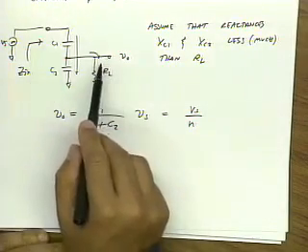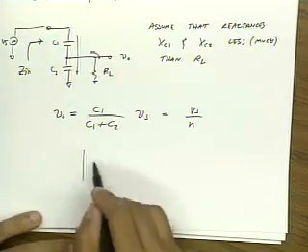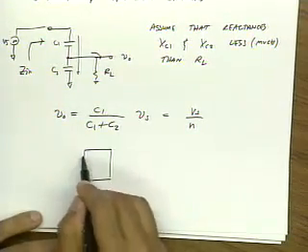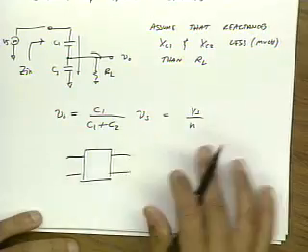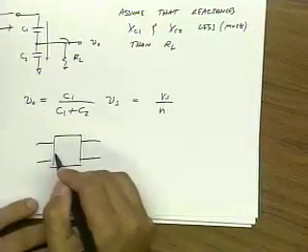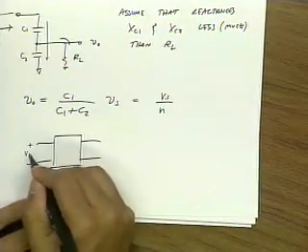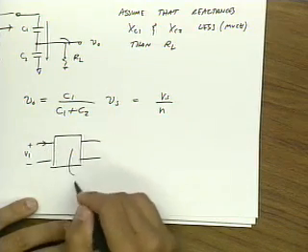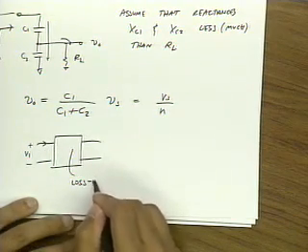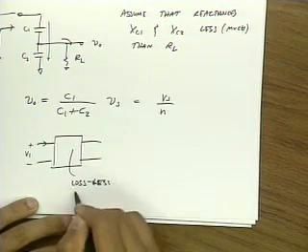Anytime I do a voltage transformation, I also do a current transformation. Let me just review that with you guys. Let's assume that I have a lossless two-port.